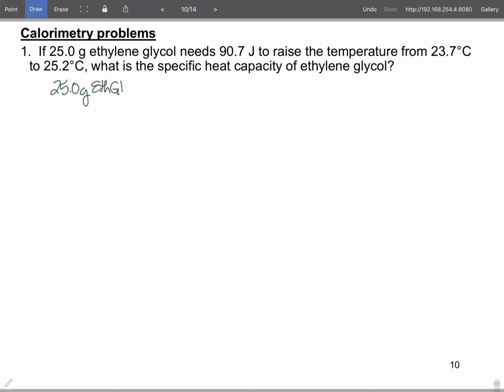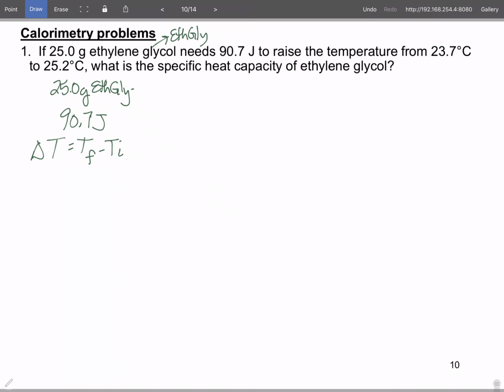And I'm going to call that ethyl gly. Okay, needs 90.7 joules to raise the temperature from, and the temperature change is going to go, we want delta T, which is T final minus T initial.